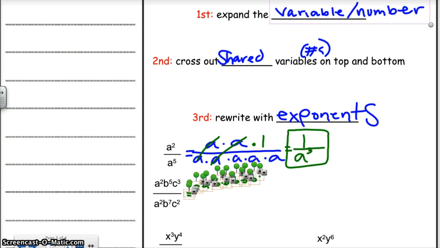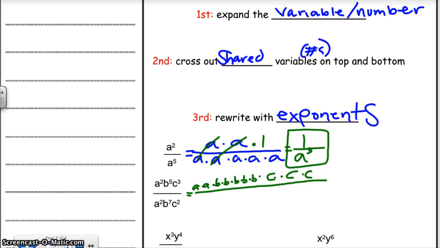Okay, 3 c's. Over, I have 2 a's on the bottom, so I go a times a, 7 b's, 1, 2, 3, 4, 5, 6, 7, and 2 c's.